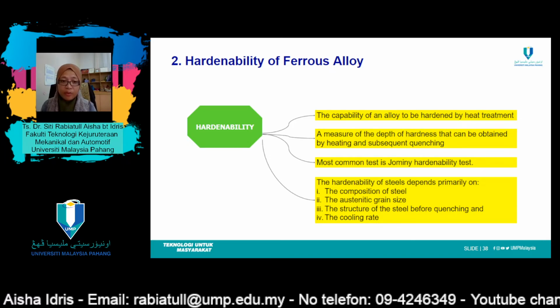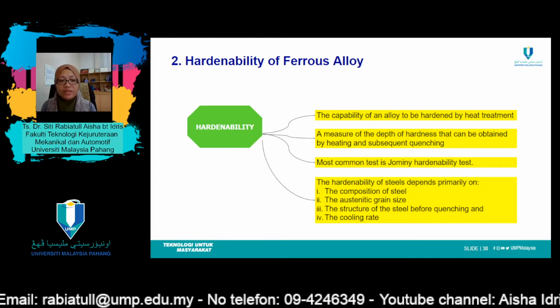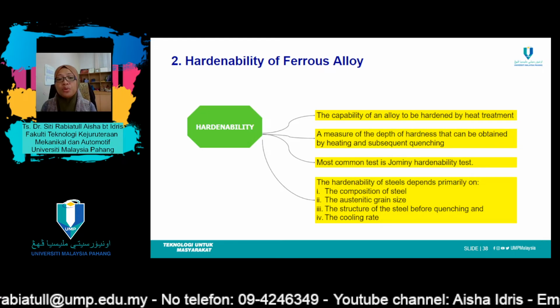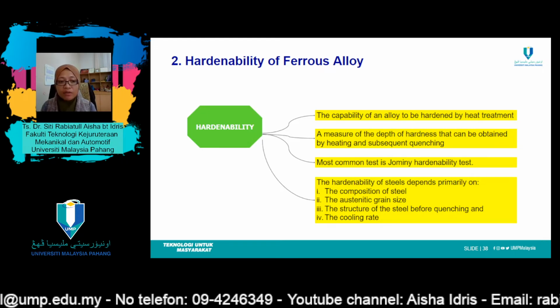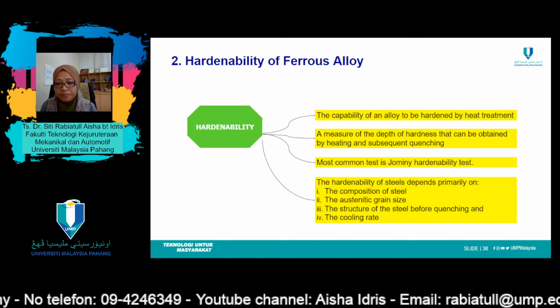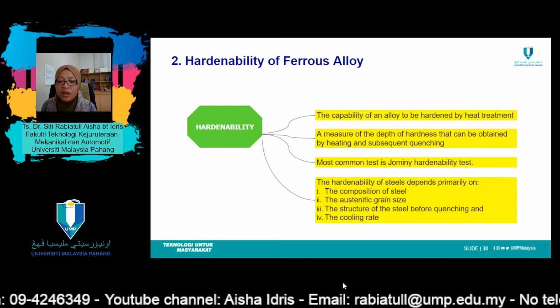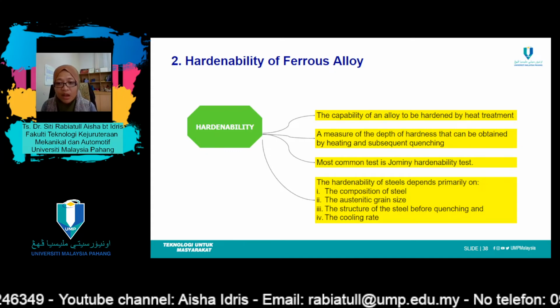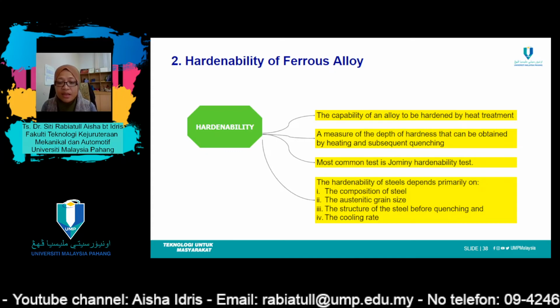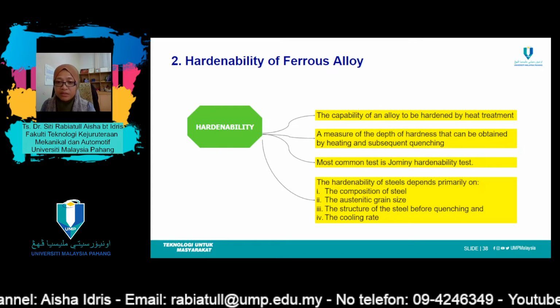It is usually determined by the Jominy end quench test. In other words, it shows the depth of hardening across an equivalent diameter bar of steel. The hardenability of steels depends primarily on the composition of the steel, austenitic grain size, the structure of the steel before quenching, and the cooling rate.